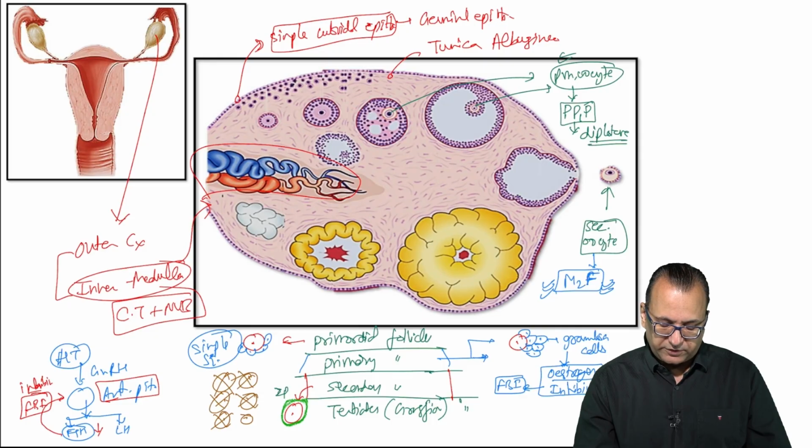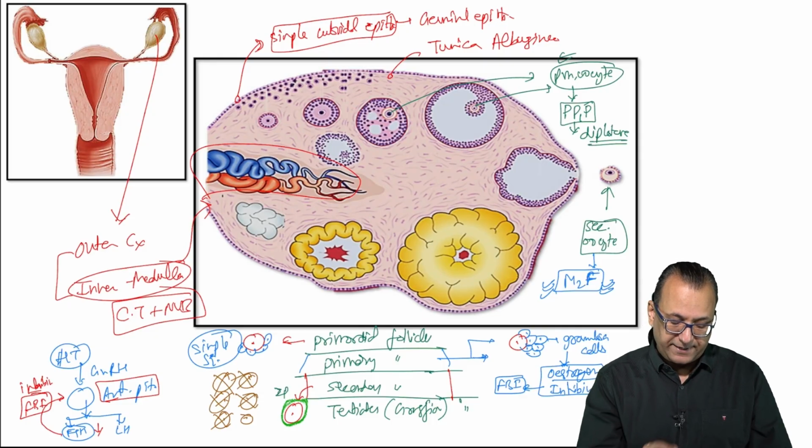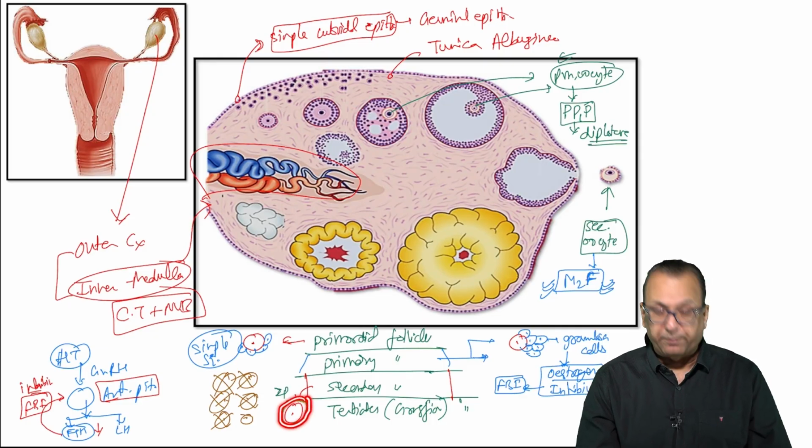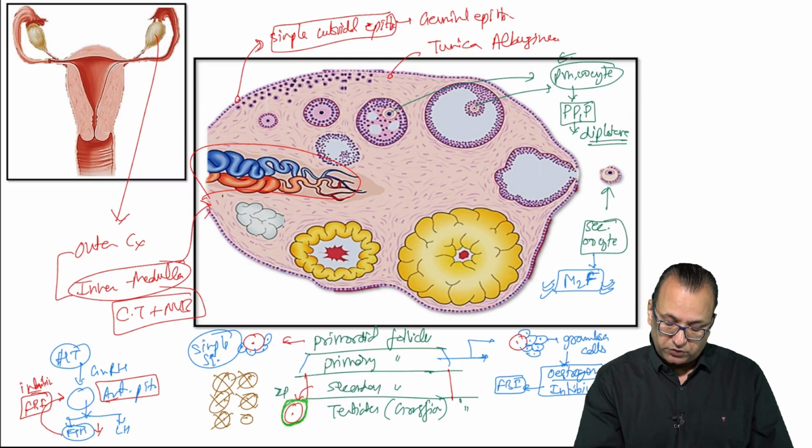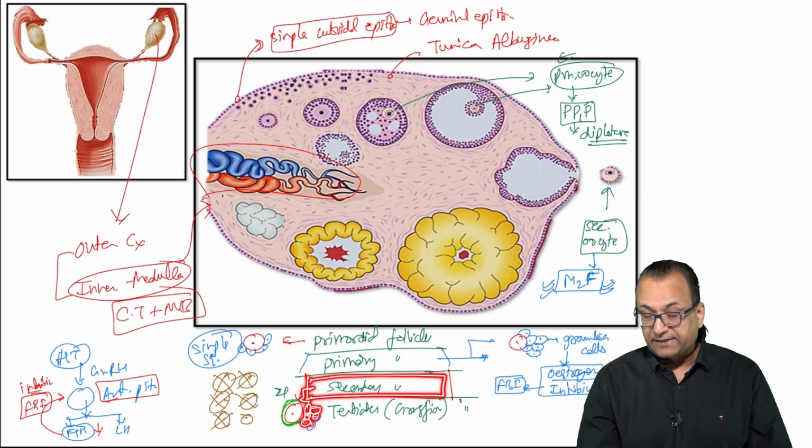This zona pellucida, which is glycoprotein, is given not only by the primary oocyte but also by the granulosa cells which are surrounding it, the cuboidal cells. So the zona pellucida is given by granulosa cells plus the oocyte.